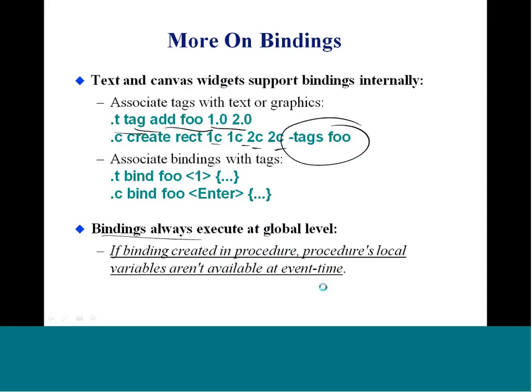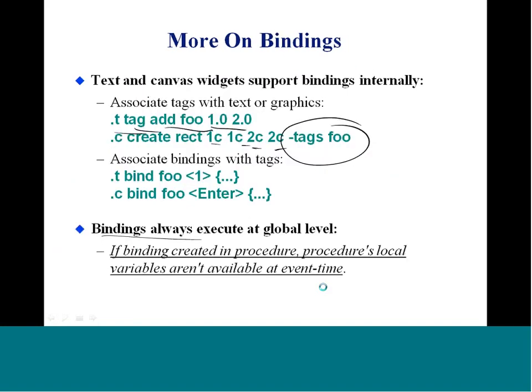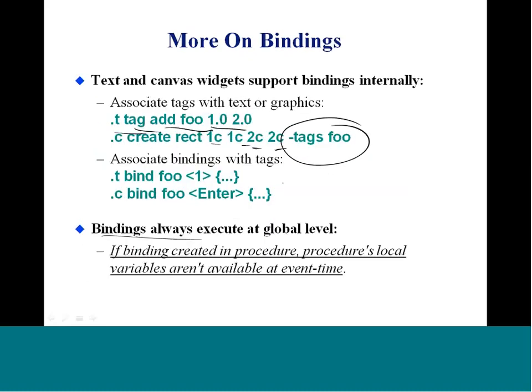One way to do that is that it goes in the default order of the tags, that is widget followed by class followed by toplevel and then followed by all. So there is a hierarchy there that we need to keep in mind.